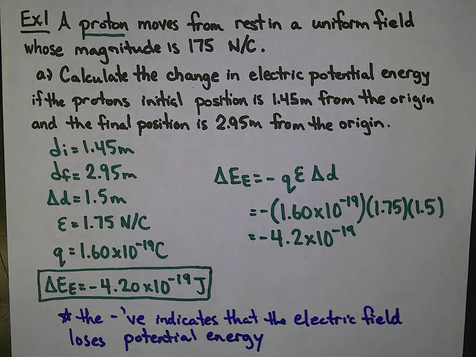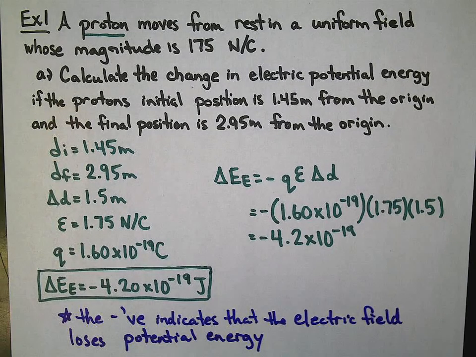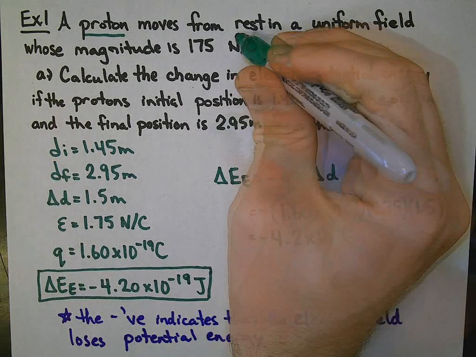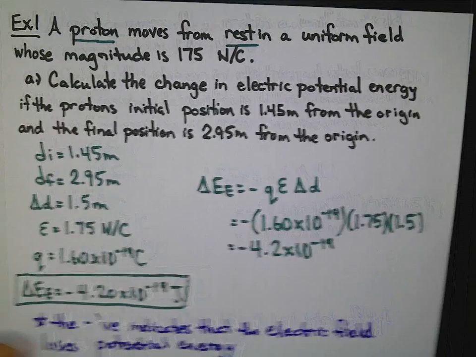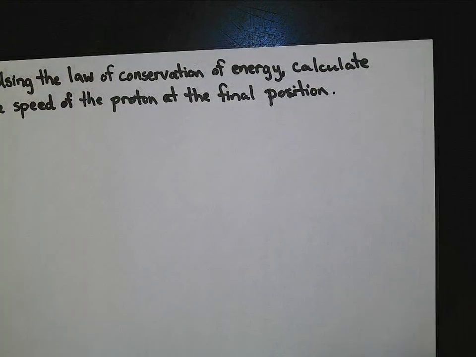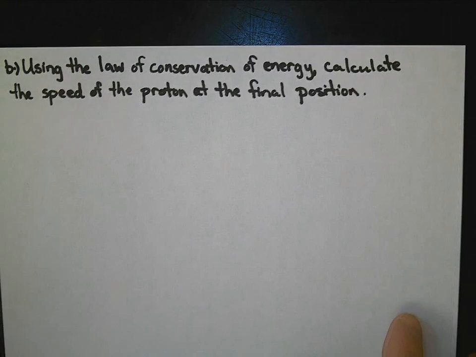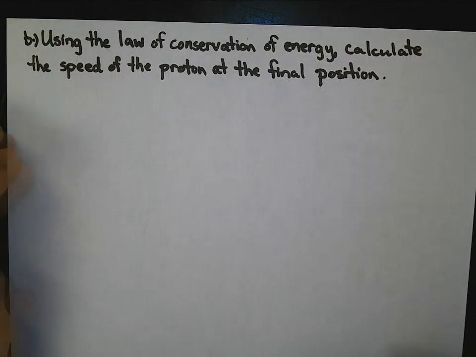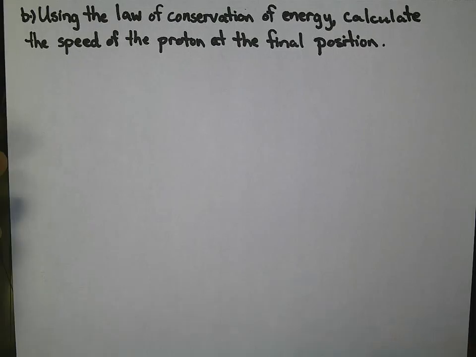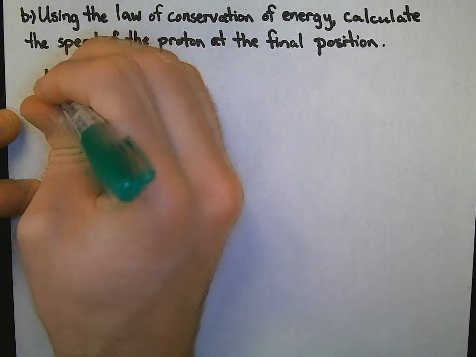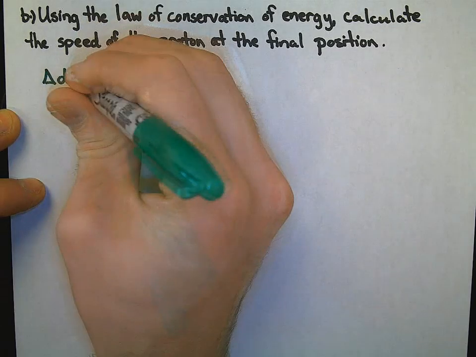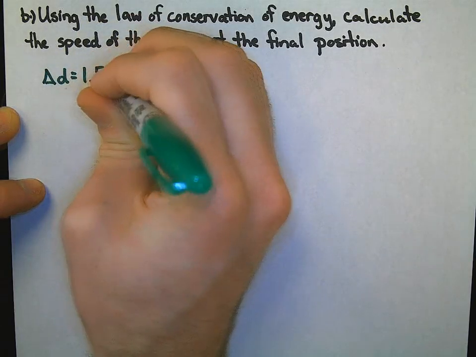So that's part A, calculating the change in electric potential energy. And we remember that this proton moved from rest. So let's see what this is going to tell us. We are able to calculate, using the law of conservation of energy, the speed of the proton at the final position. And remembering from the last example, we do have the change in position as 1.5 meters.